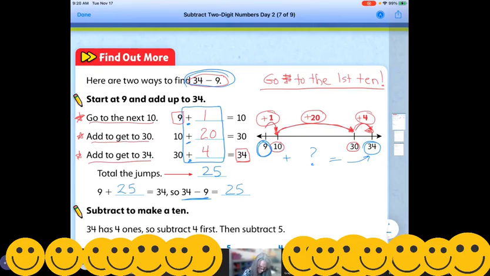Okay, so that's how fact families figure into these types of problems. All right, now let's just pretend, again, that we have split our paper in half because the next one shows us another way to solve a subtraction problem. This time, we're going to subtract, but we're going to use a number line.